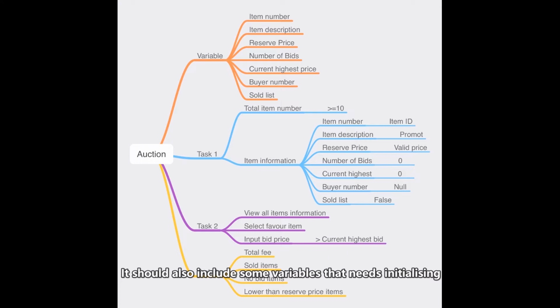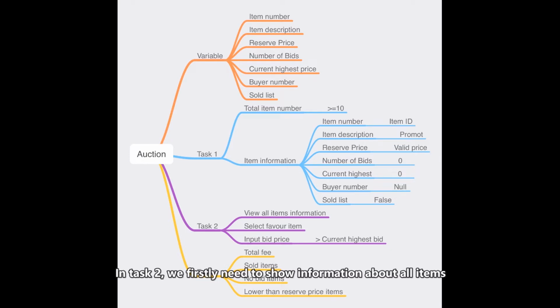It should also include some variables that need initializing, for example, the number of bids, which is the number of people that have already bid on this particular item. So, at the very beginning, it should be 0. There should also be the sold list. Items being in this list means that they have already been sold, so it should be false initially.